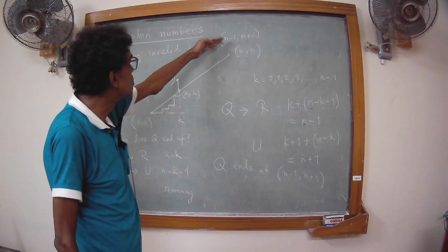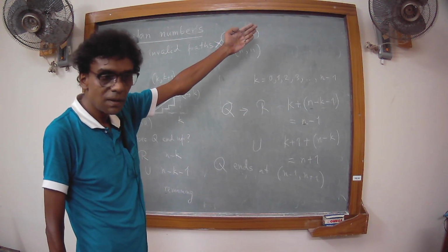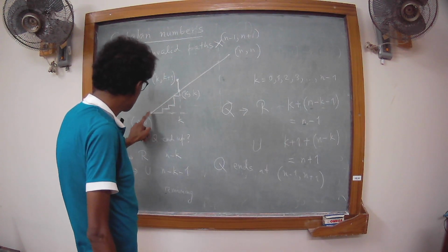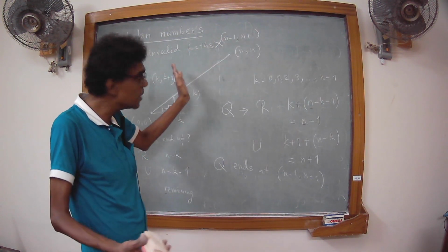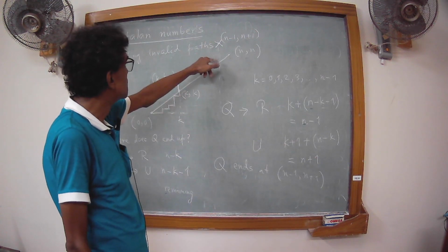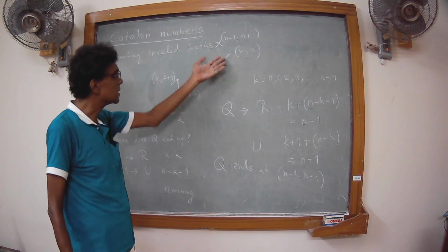It cannot otherwise go there, n minus 1, n plus 1. Right? Starting from 0, 0, our given path Q is going to n minus 1, n plus 1. So at some point of time, it will have to cross this line y equal to x. Maybe here, somewhere.